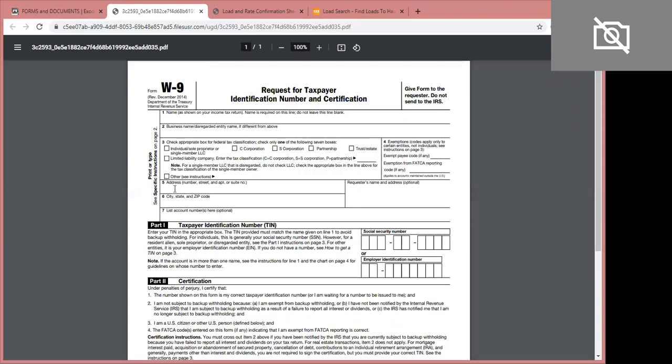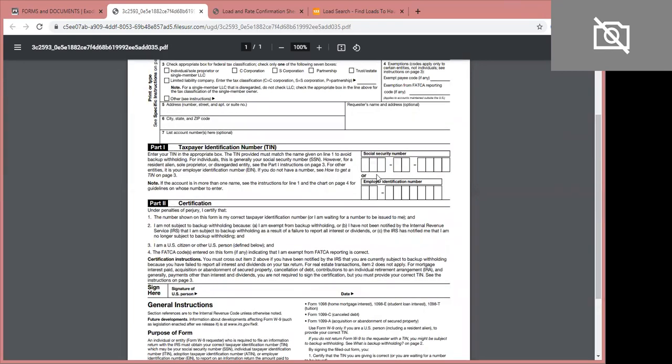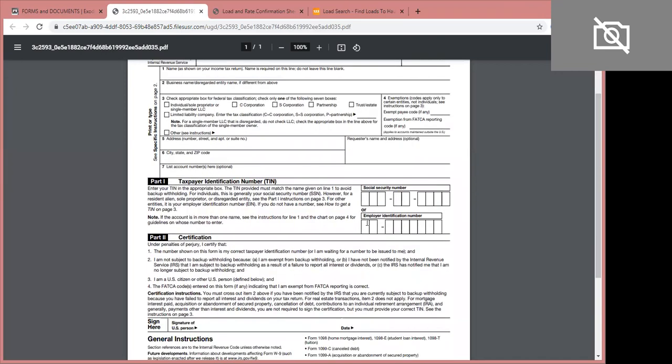And then lines 5 and 6, city, state, and zip. And in part 1, they have their EIN, not their social, that's associated with their business, but their EIN number that they got from IRS.gov when they went to apply for an EIN number.